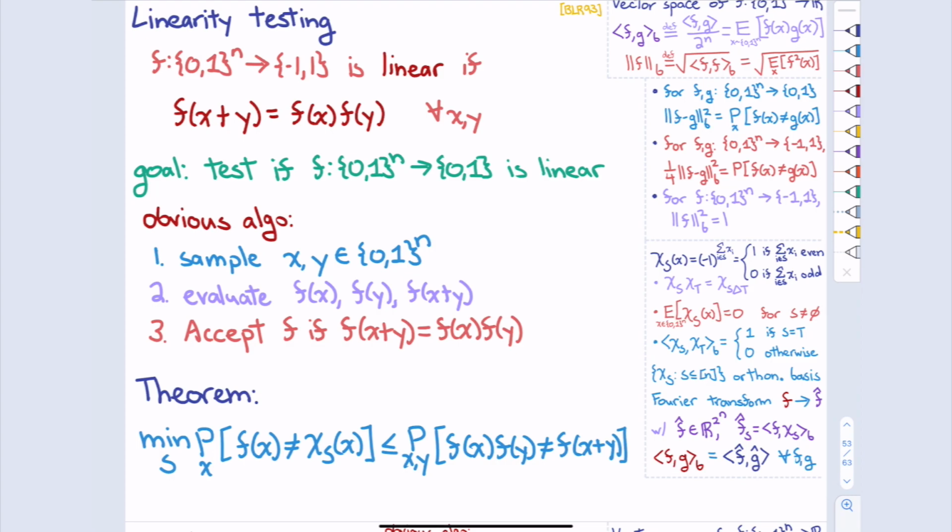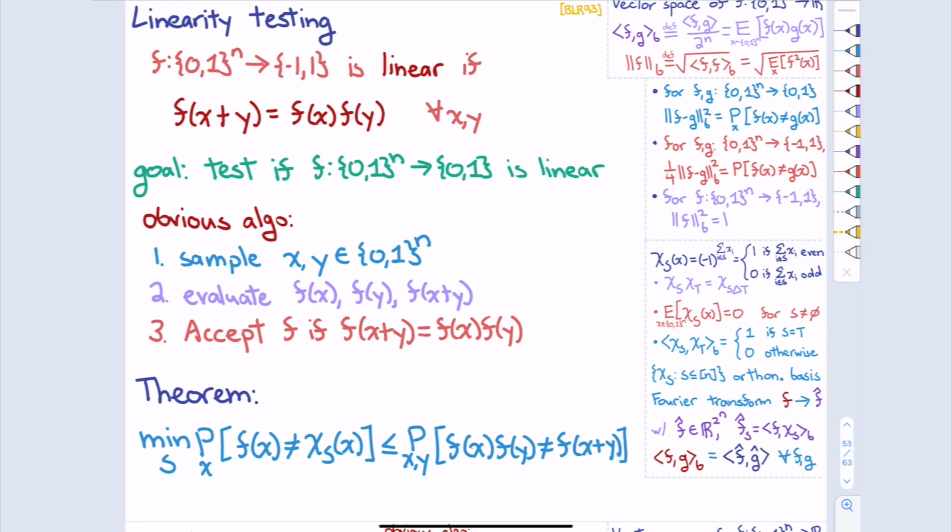The claim is that the odds that you fail is greater than or equal to, in general, the minimum over all of these basis functions of the odds of a random input disagreeing with f. Sort of a weird statement.